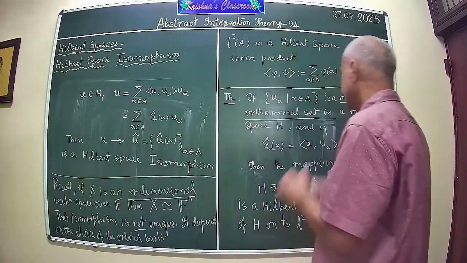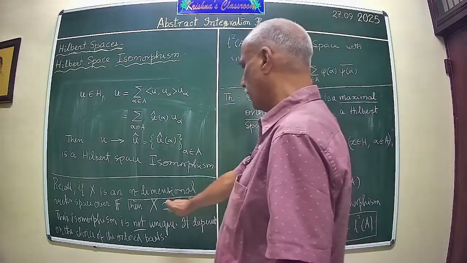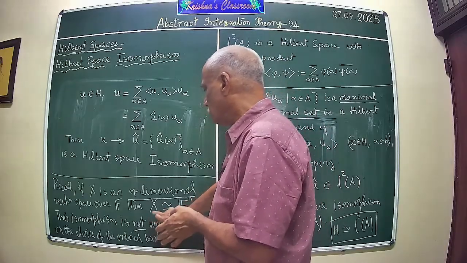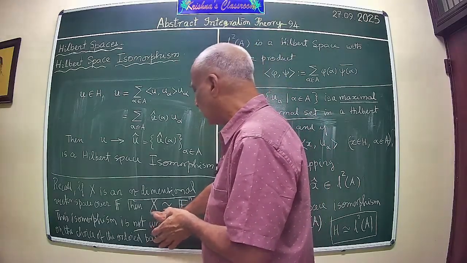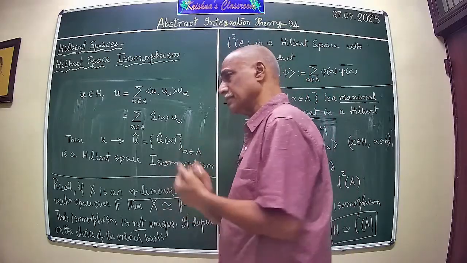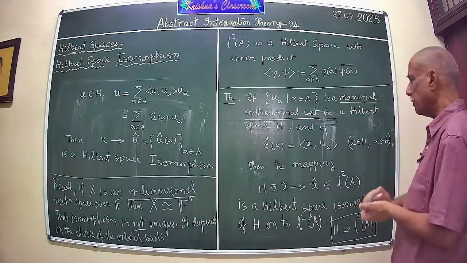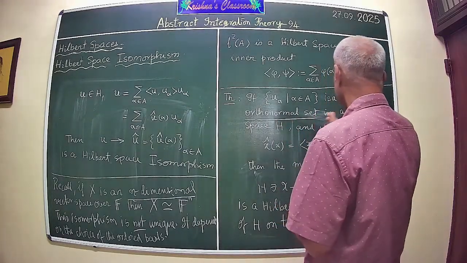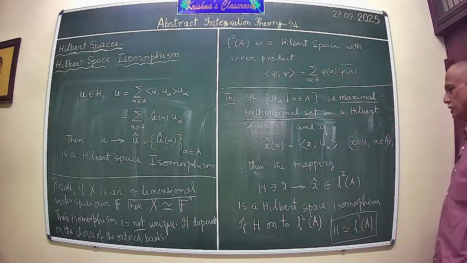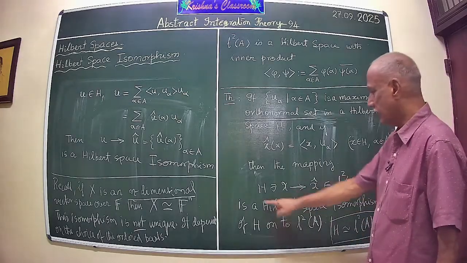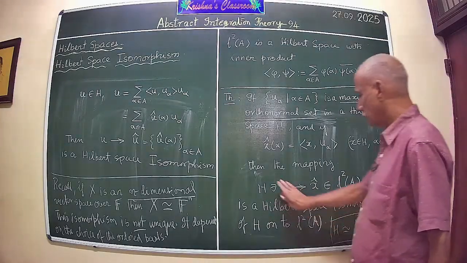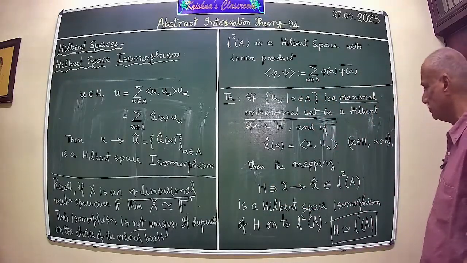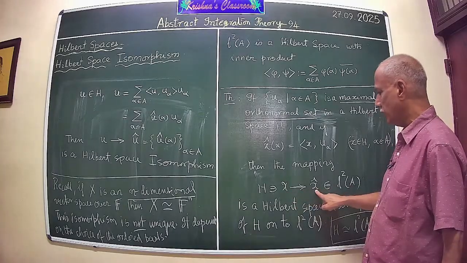Now we have also seen that, over here, the art of getting the isomorphism is by choosing an ordered basis for X, which exists. Here the corresponding art is choosing a maximal orthonormal set in the Hilbert space. Once you do that, you have the isomorphism connecting H to H hat.